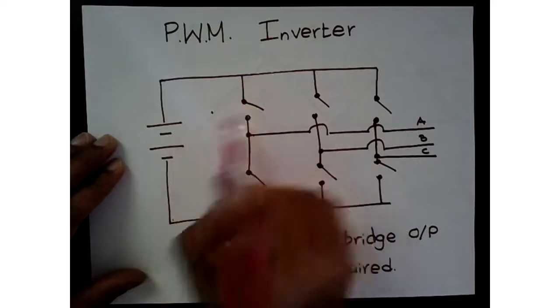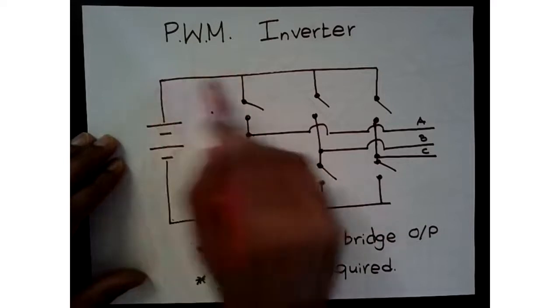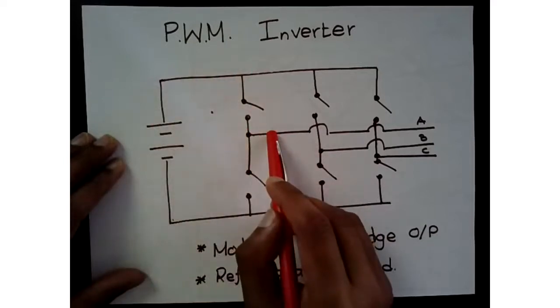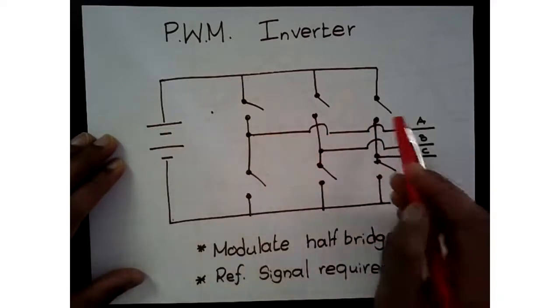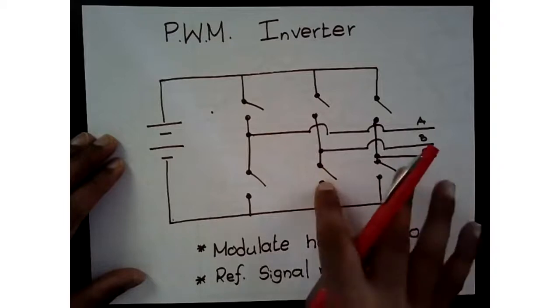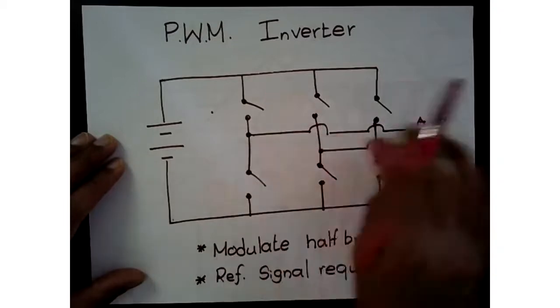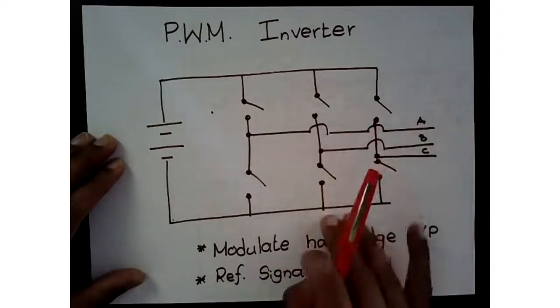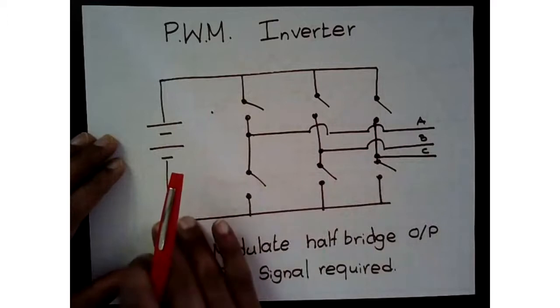When you turn on the top switch, you will connect your power supply, or the battery positive, to phase A. Depending on the modulation strategy you follow, either one of phase B or C or both might be on as a return path, because we need current to flow in a closed path.